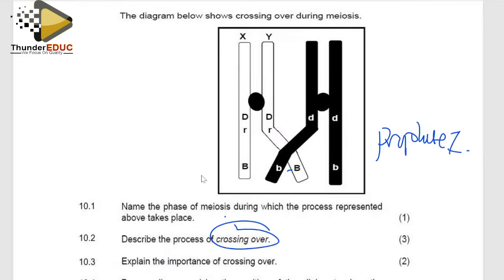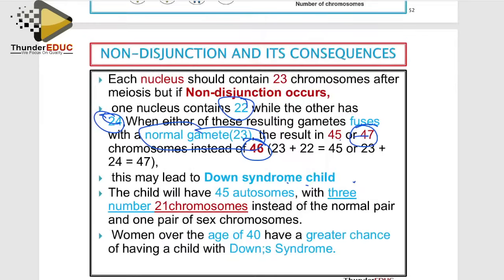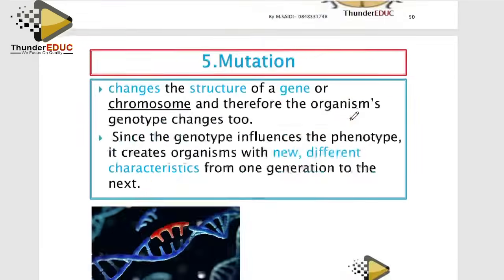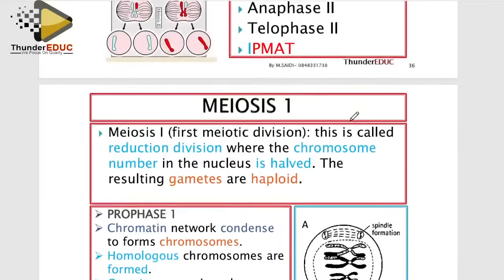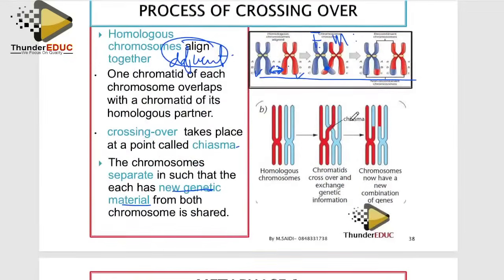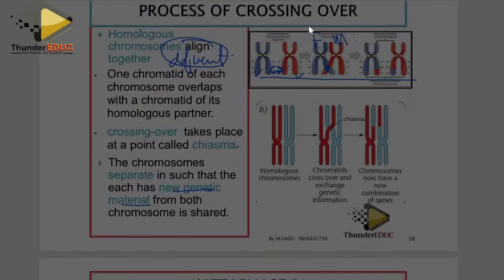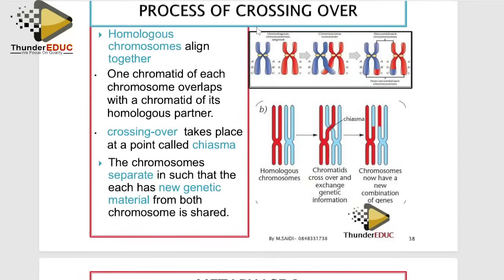We explained it, so make sure that you know how to describe it, or take a screenshot so that you're able to get the answer correct. And please don't forget, when it comes to the chromatid, it's supposed to have the word adjacent.